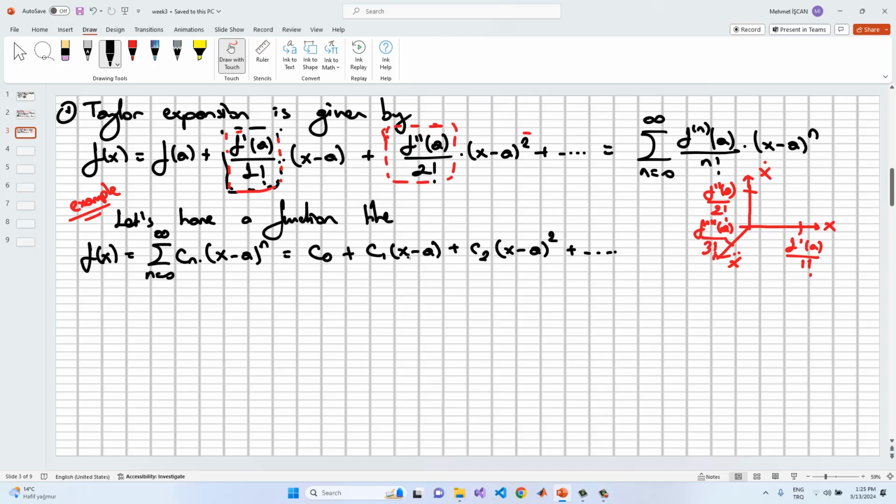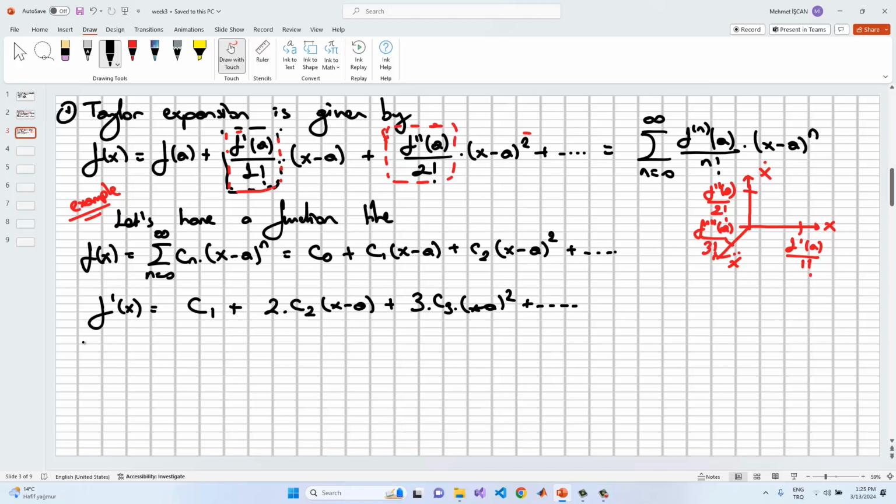And so how can we take the derivative of these terms, f'(x), the derivative of x? How can we do that? We can obtain the following: the c0 goes to 0, right? And c1 comes in here, and so 2c2 (x - a) + 3c3 (x - a)^2, and so on, in the first derivative.